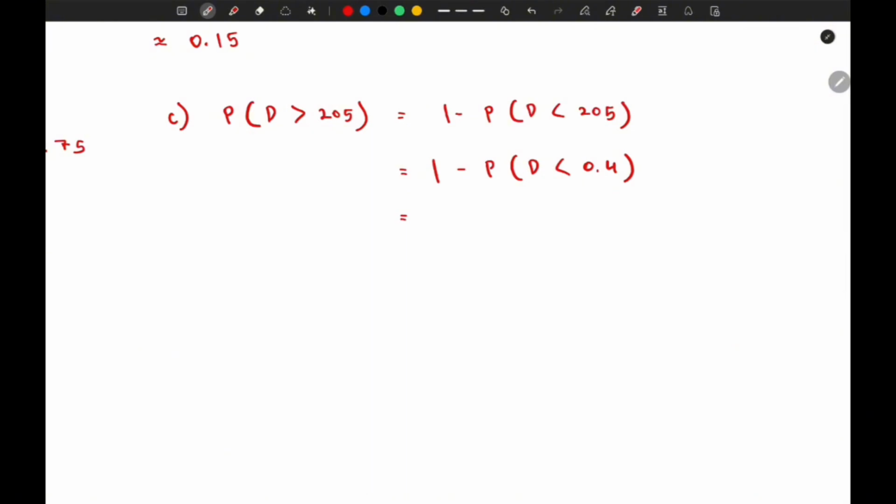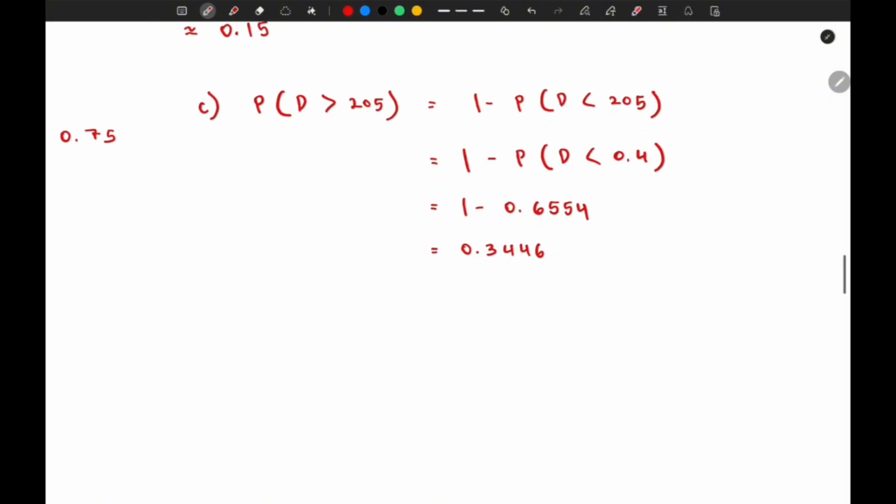So we can replace this with 1 minus 0.6554, which is equal to around 0.3446. Alright, so this is the probability for the diameter to be greater than 205 millimeters.